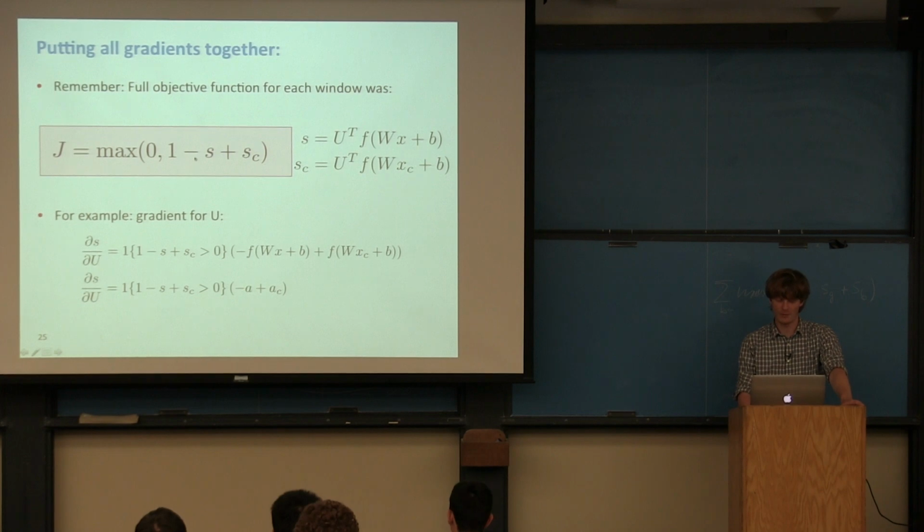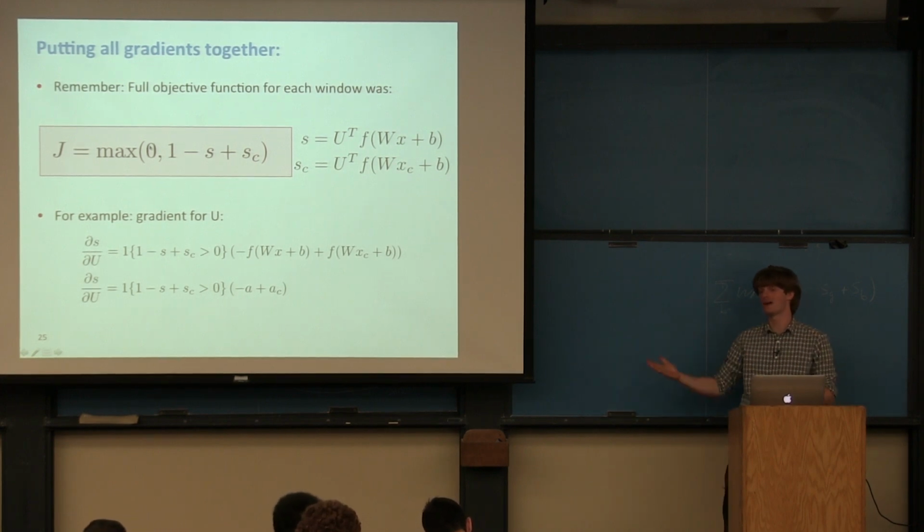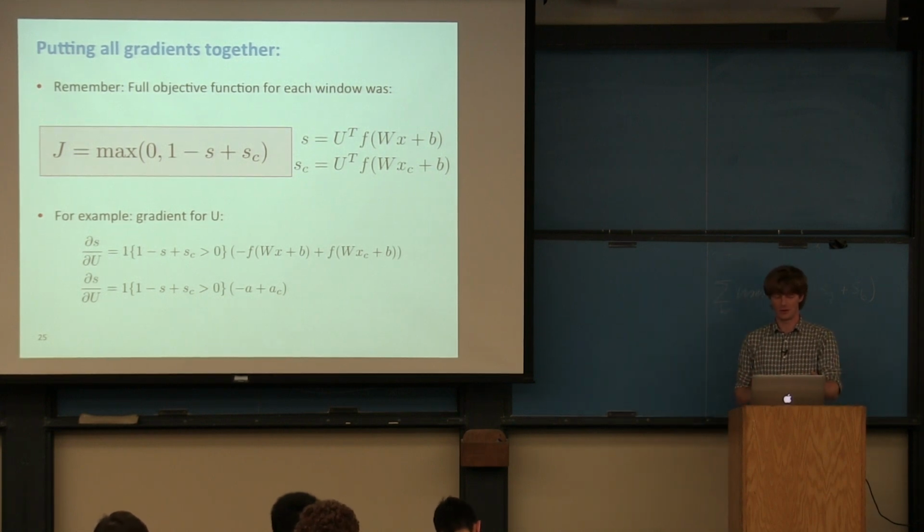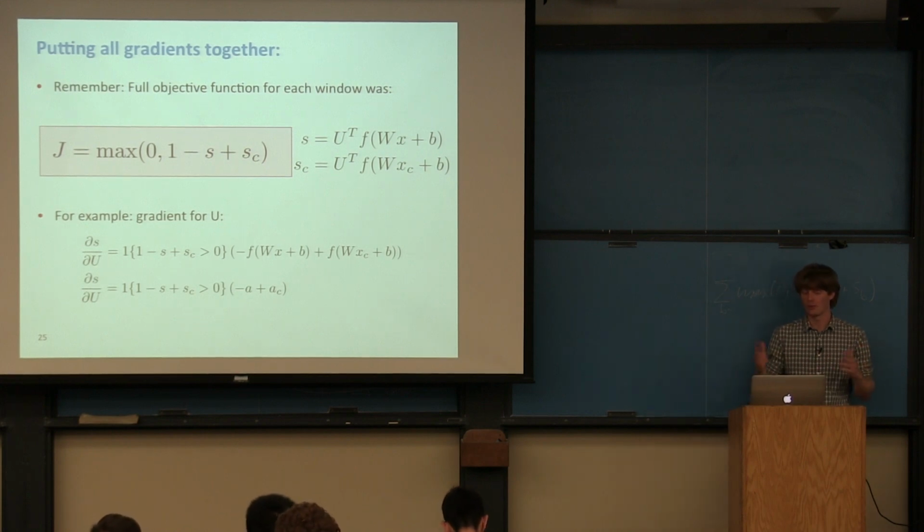If 1 minus the score of the good window plus the score of the corrupted window is already lower than 0, then we just end up at 0. And then we don't even have to run backpropagation, right? The derivatives of 0 with respect to all these parameters are just 0. So we're basically done.